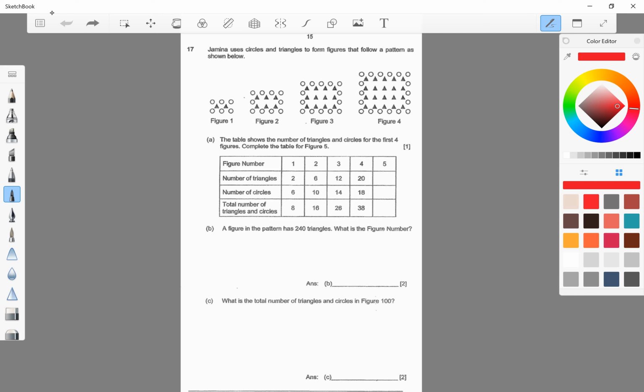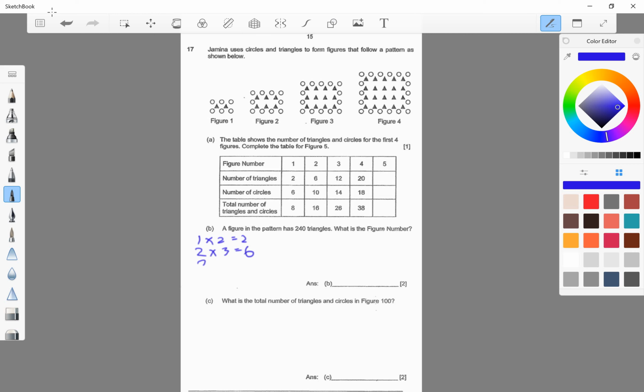So figures 1, 2, 3, 4 and 5, if you do not really understand how it works, it's actually very simple. Figure number 1 has 2. Why is it 2? Because 1 times 2 gets me 2. What about 6? For figure 2, 2 times 3, I get 6.